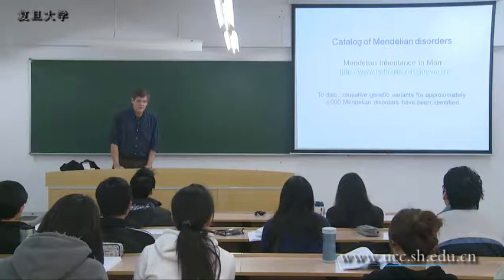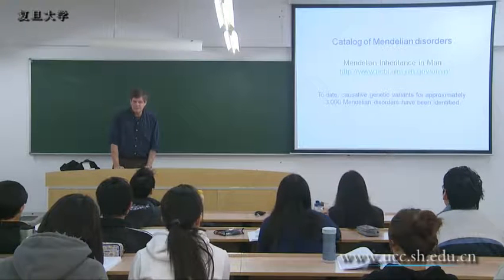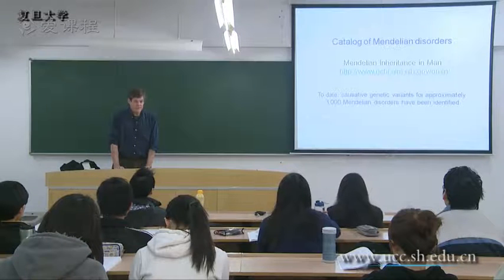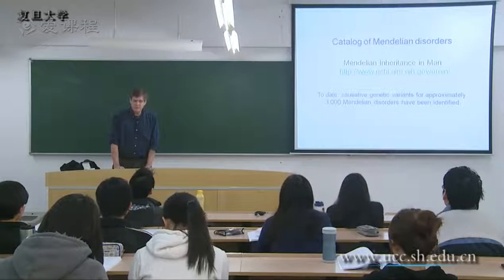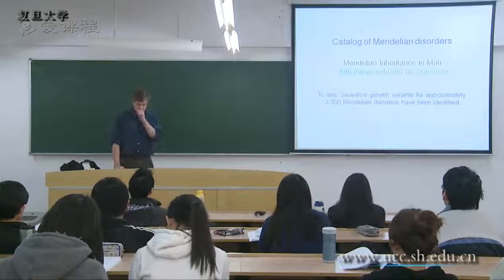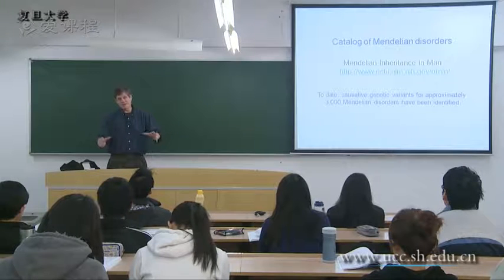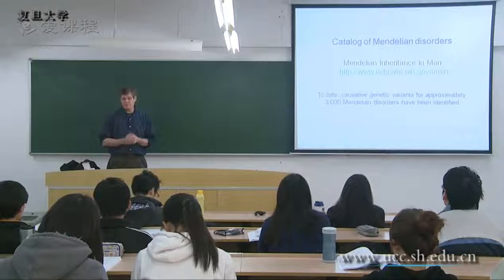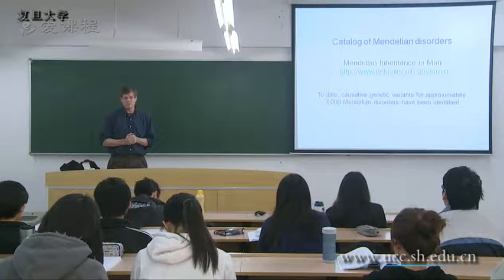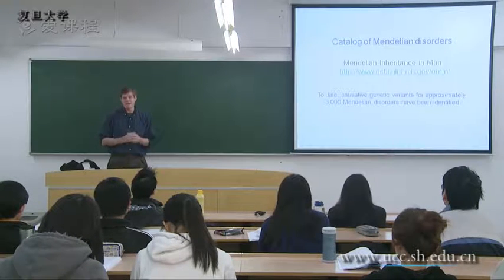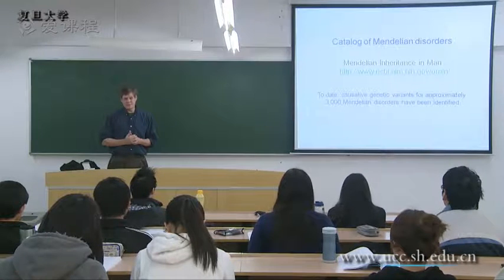Complex disorders, by contrast, such as obesity, diabetes, heart disease, and mental illnesses like schizophrenia and severe depression, are much more common and are probably the result of not individual genes, but the collective activity of many genes. And so the current challenge for molecular geneticists is to figure out what those genes are and how they interact, and then based on that, what kind of preventive or corrective measures can be taken.